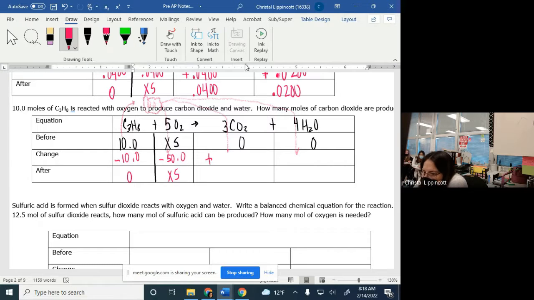So I'm going to add 30 moles here, and I'm going to add 40 moles of water. So the question asked how many moles of carbon dioxide. You're going to make 30 moles of carbon dioxide.